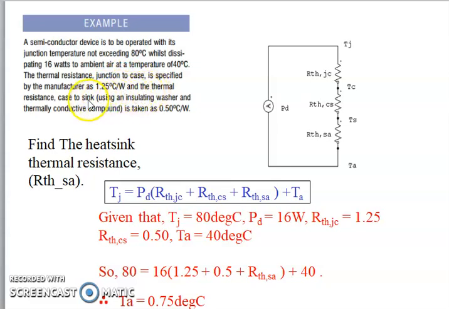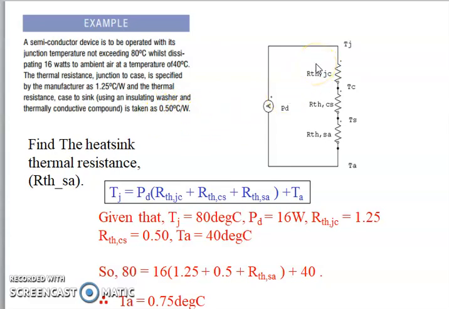Thermal resistance from case to heatsink, which is the washer, the part that we use to attach the heatsink and between heatsink and the device, we take as 0.5 degrees C per watt.